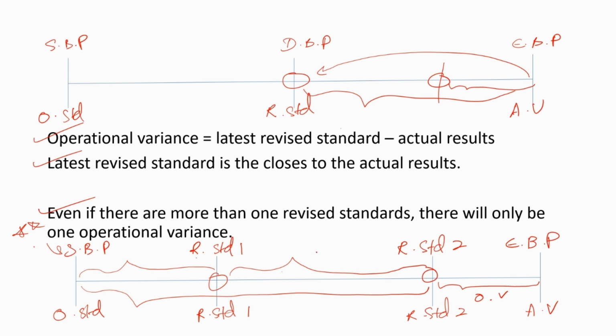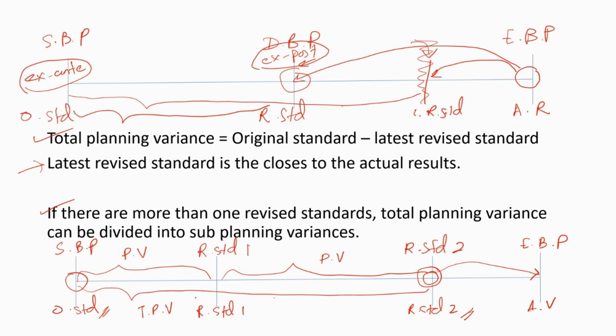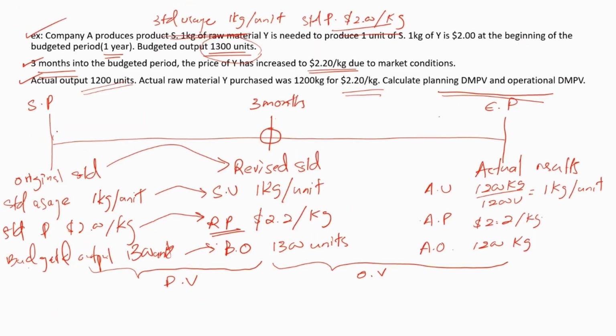But there are two planning variances. And the total of these two planning variances is the total planning variance. Now let's go back to the example and complete the answer. So the planning variance will be these two values and the operational variance will be between these two values.